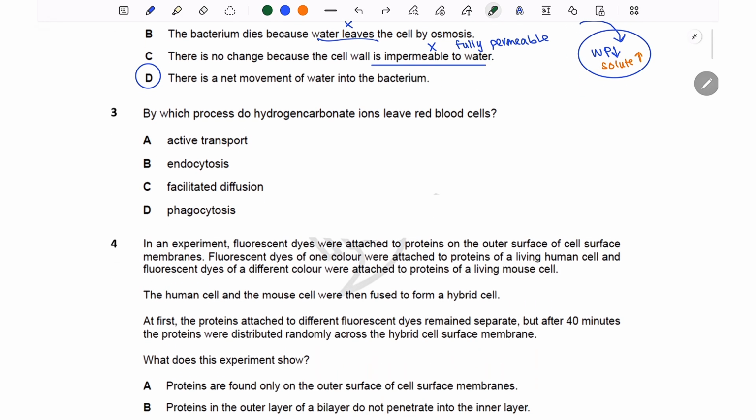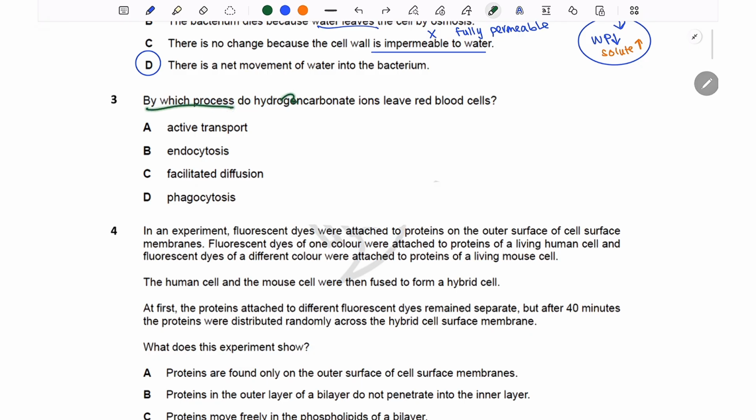Question number 3 is testing your theory from chapter 9, I think. By which process do hydrogen carbonate ions leave red blood cell? So hydrogen carbonate ions, when did we learn that? So this was in the process of chloride shift. What happens is inside the red blood cell, carbon dioxide moves in, and there is an enzyme, carbonic anhydrase.